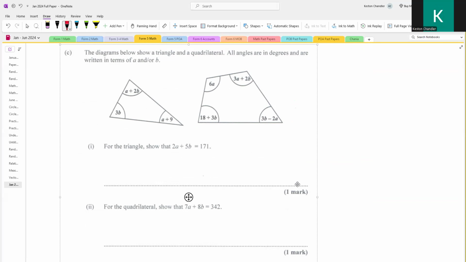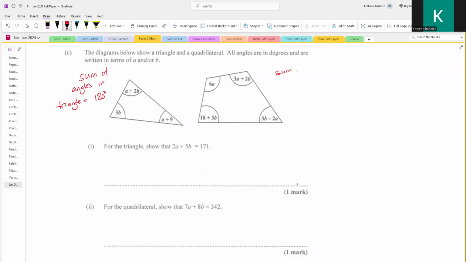Now, the sum of angles in a triangle is equal to 180 degrees.